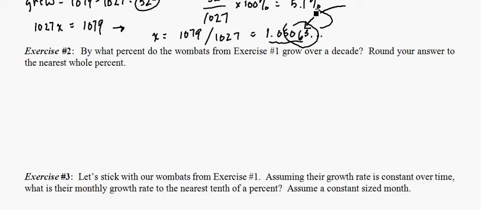All right? Now, what we'll do is we'll use that 5.1% from the last problem. So after 1 year, right, we multiply by 1.051. After 2 years, we've multiplied by 1.051 squared. After 3 years, by 1.051 cubed, etc.